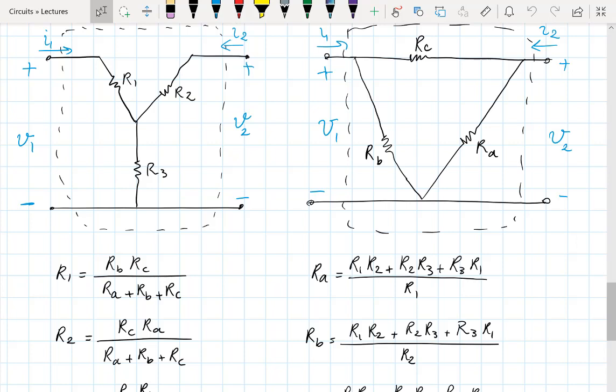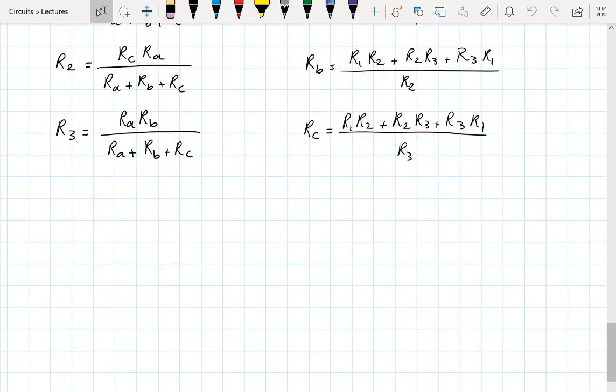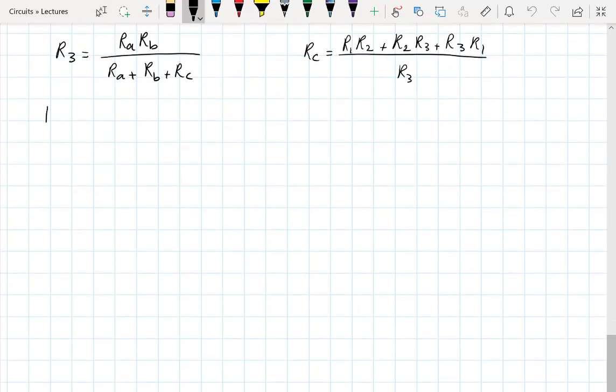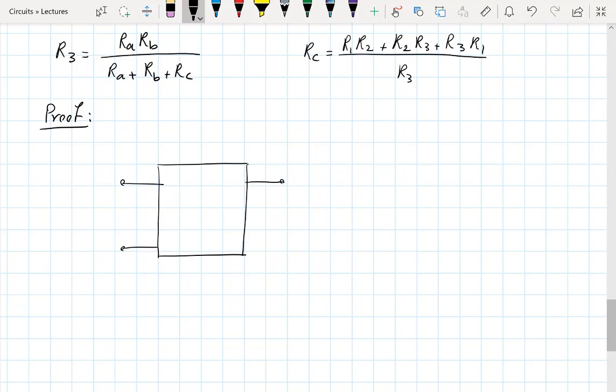If we wanted to think about this in more general terms, say this is my box. For instance, one way to do this would be to simply put a current source here, right?